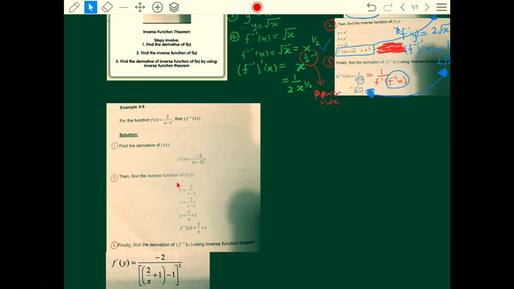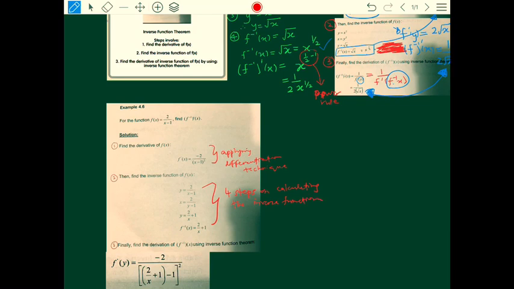Then we find the inverse function of f(x). From here we need to find the inverse function for it, following the 4 steps from before. This is applying the differentiation technique, and you need to apply the 4 steps on calculating the inverse function.